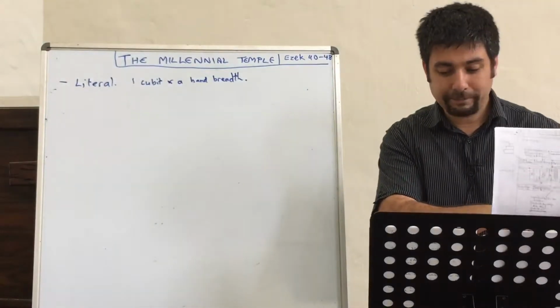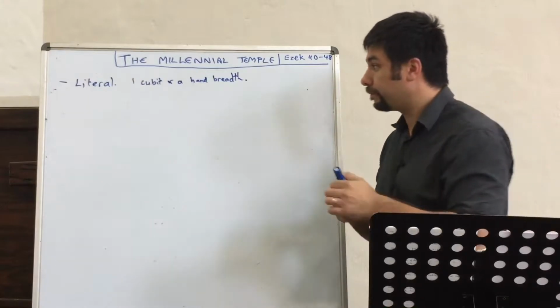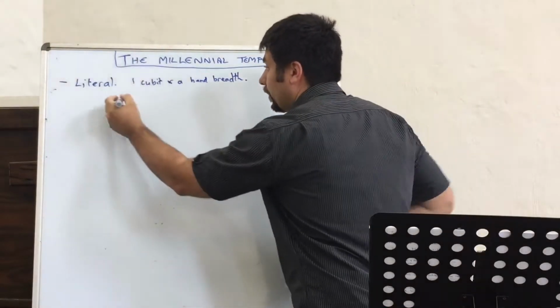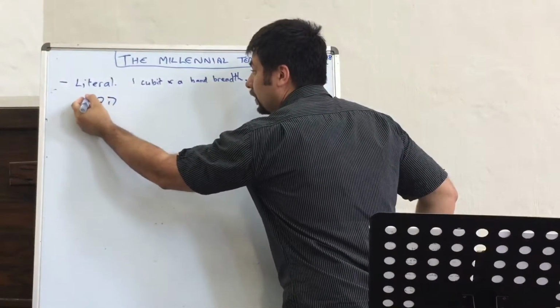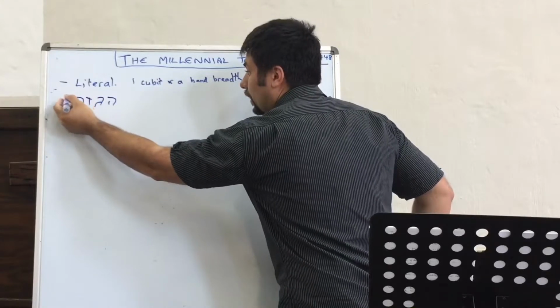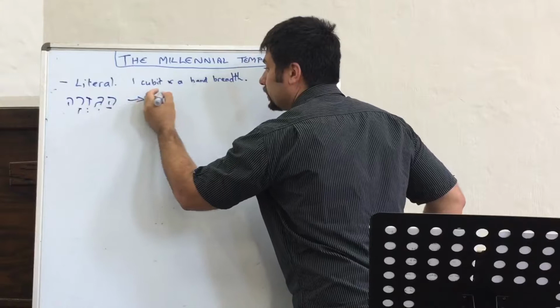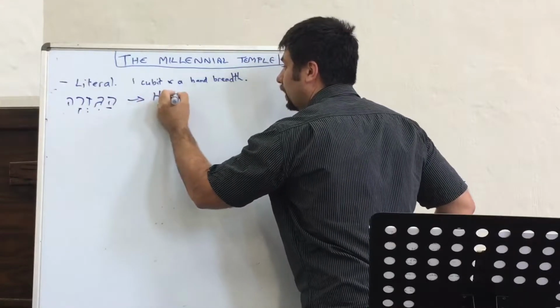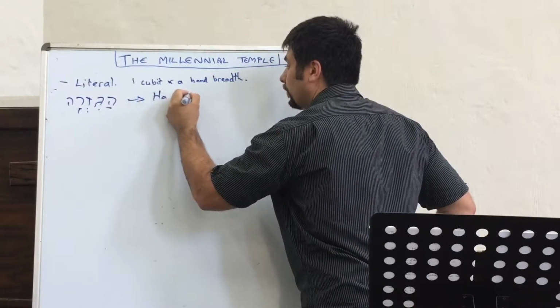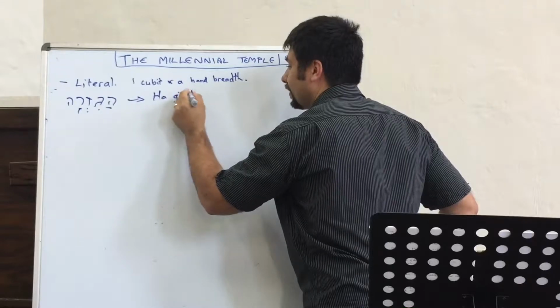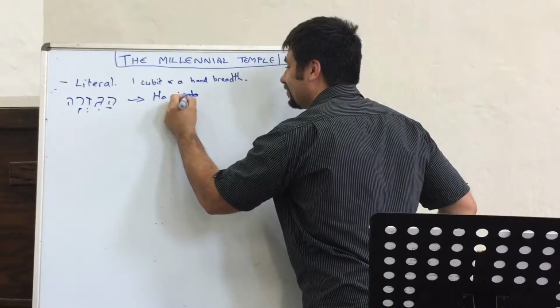The word for separate area is this word, in Hebrew letters, Ha-Gizra. In English letters, Ha-Gizra. Gizra.